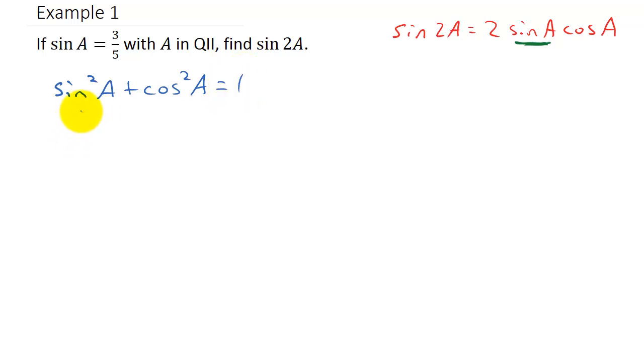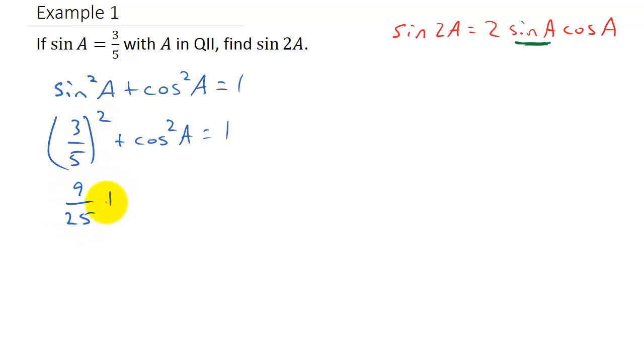Alright, so all we have to do now is take this 3/5 and plug it in for sine A. So that would give us (3/5) squared plus cosine squared A equals 1. And so this is going to be 9 over 25 plus cosine squared A equals 1. And then we'll subtract 9 over 25 from both sides.